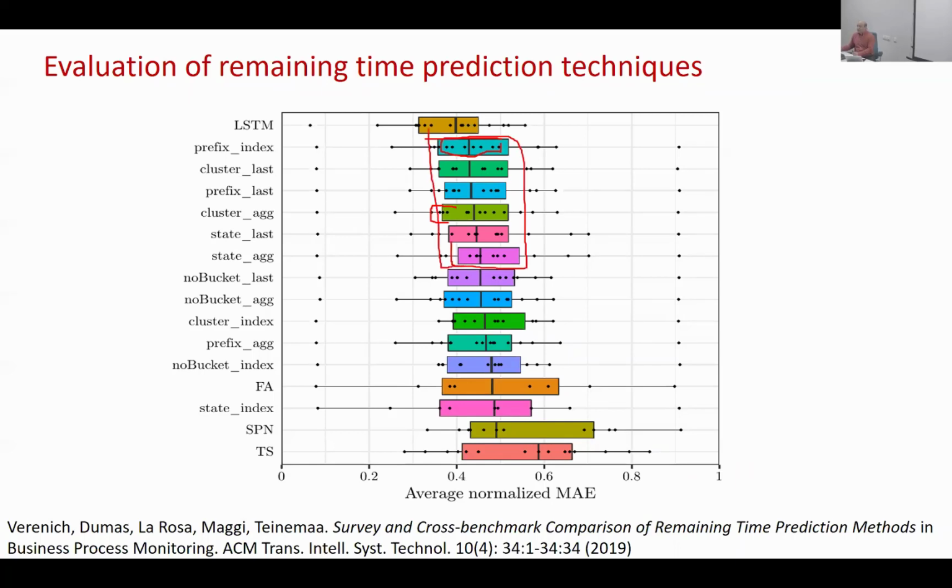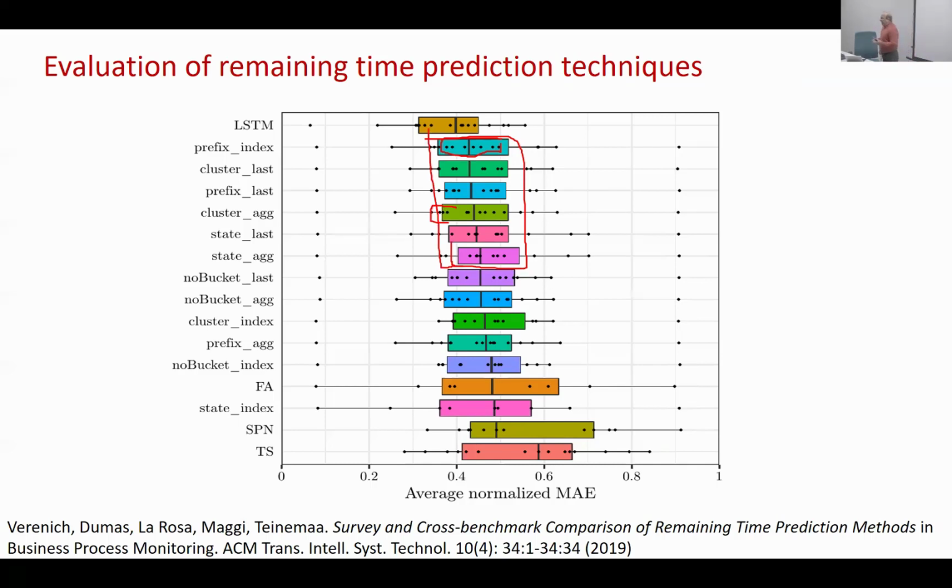So there's no real reason to prefer aggregation encoding versus prefix-based encoding. Sometimes prefix-based encoding works better, sometimes aggregation encoding works better. So if scalability is an issue, I will still recommend using aggregation encoding for predicting remaining time.